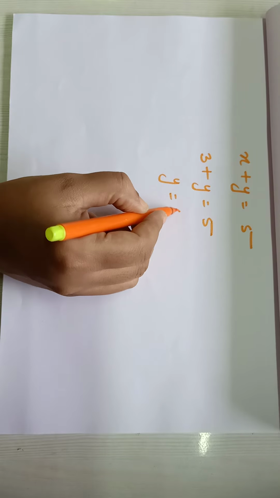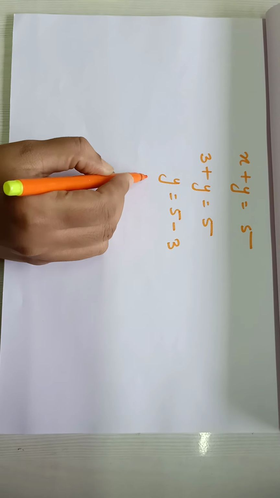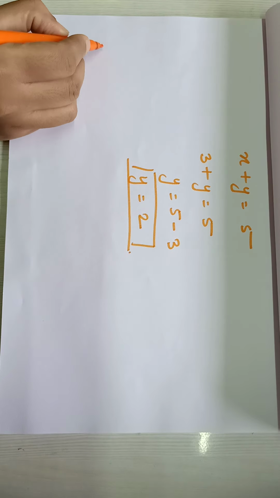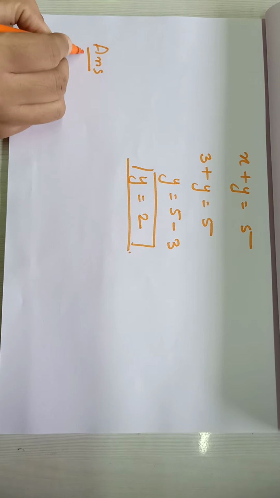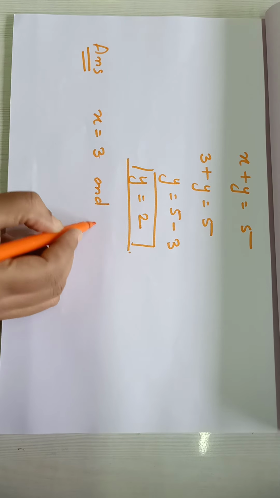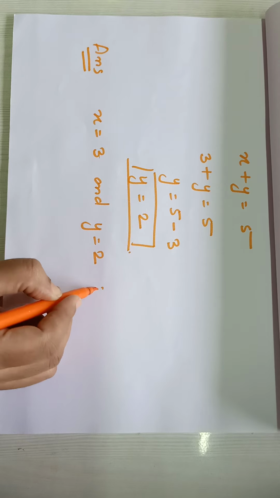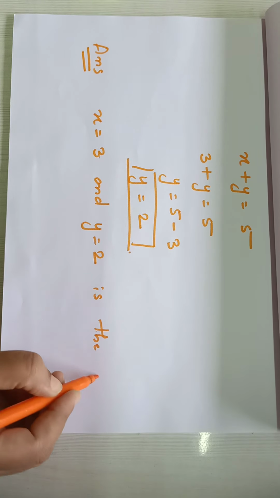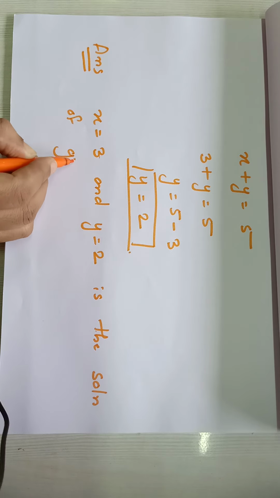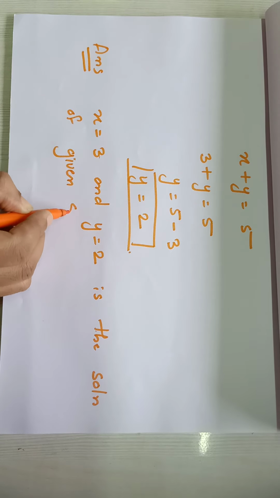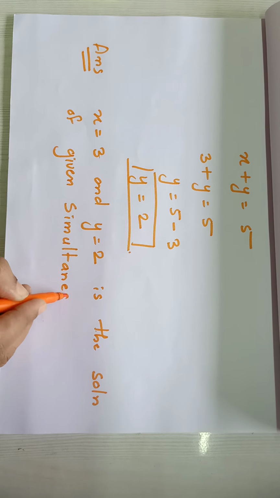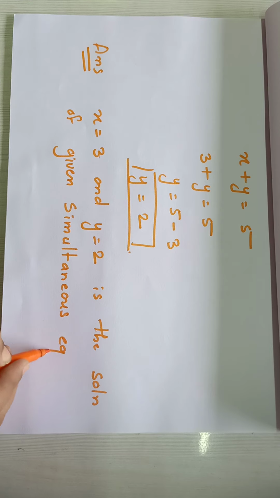So y will be 5 minus 3. The answer of y is 2. So for the final answer we write x equal to 3 and y equal to 2 is the solution of the given simultaneous equations.